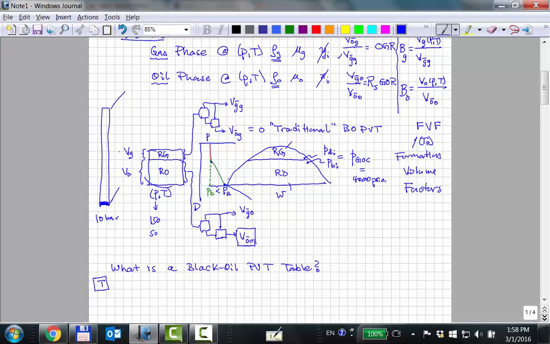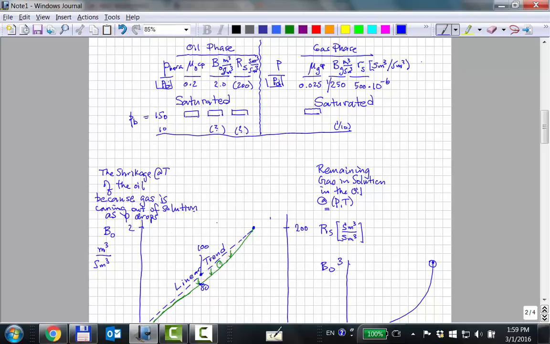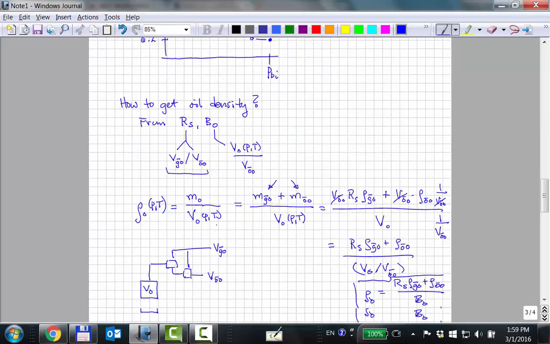I want the density of the oil down at the bottom, for example, to calculate how much water will cone up into the oil reservoir when I start producing. I need to know the oil density of that oil down at the bottom. So I need to know the black oil PVT properties under saturated conditions.